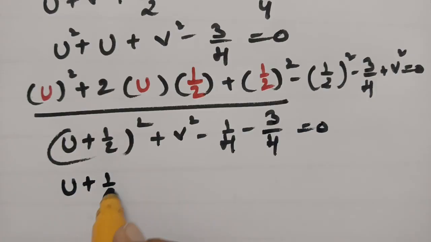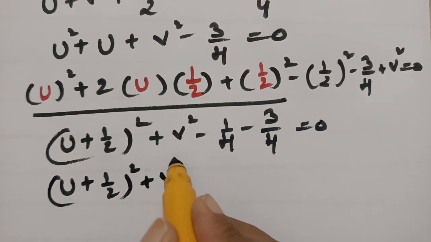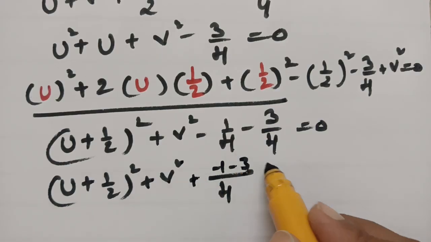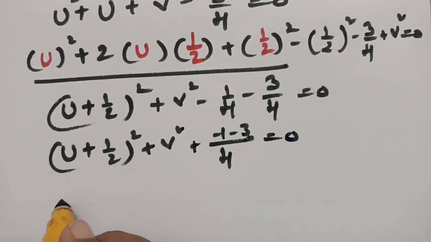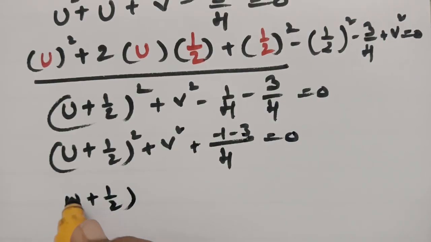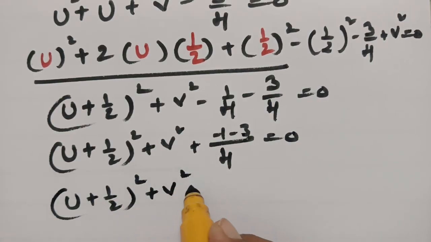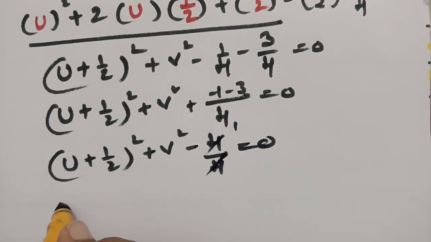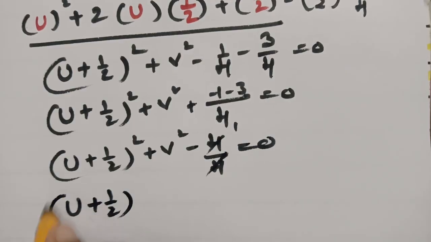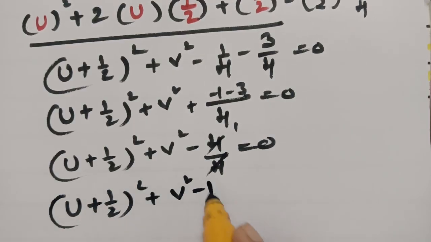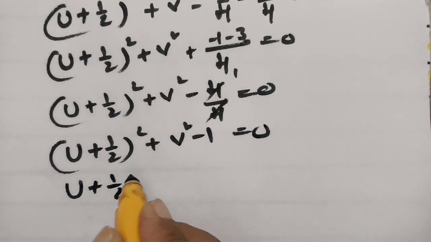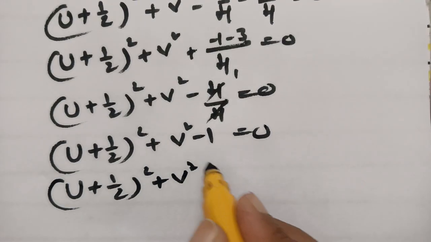If I take 4 LCM, this will be minus 1 minus 3, which is minus 4 by 4, equal to 0. So if I cancel the 4, this is U plus half whole square plus V square minus 1 is equal to 0, and this is U plus half whole square plus V square equal to 1.